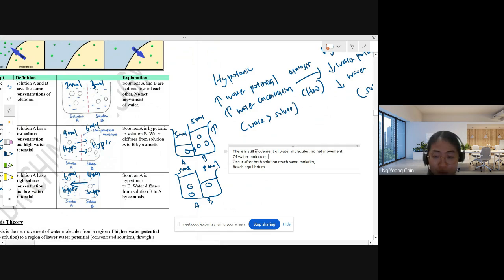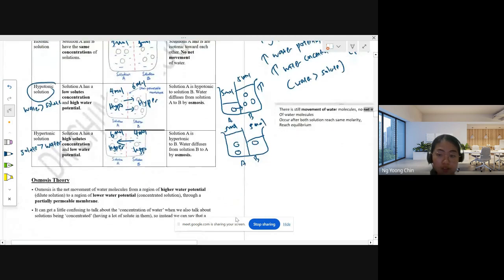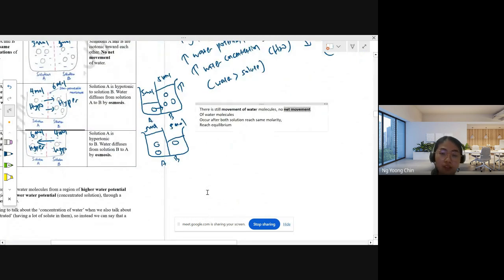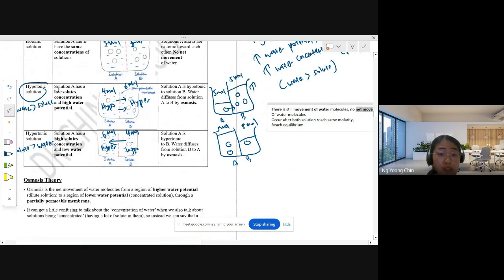What is the difference between movement of water molecules and net movement of water molecules? For example, you can imagine that this is a solution. Looking at the hypotonic solution, the water molecules always diffuse from the hypotonic to the hypertonic. So the arrow will head from the left side to the right side.